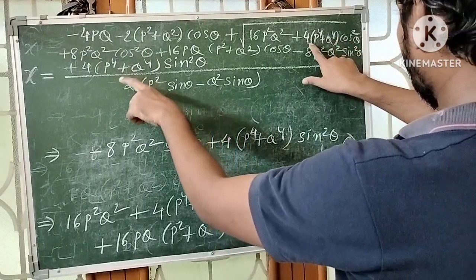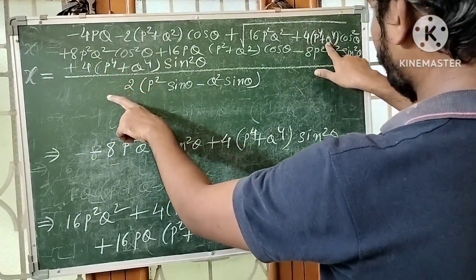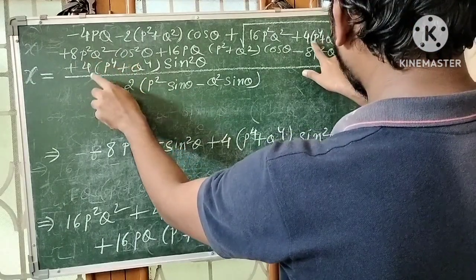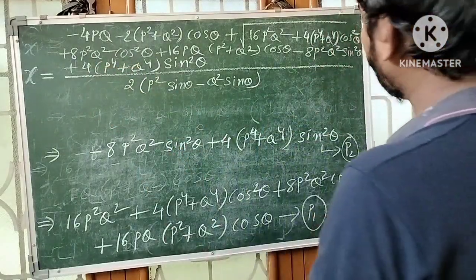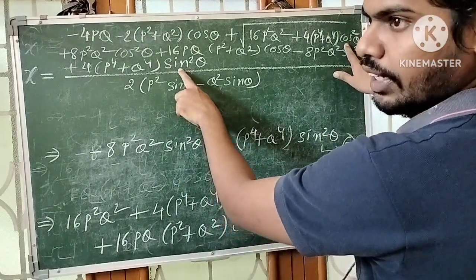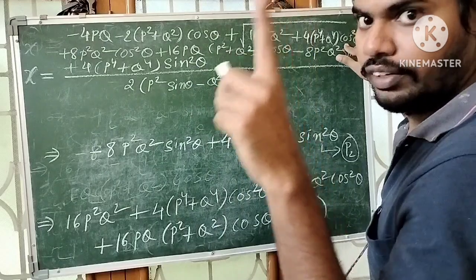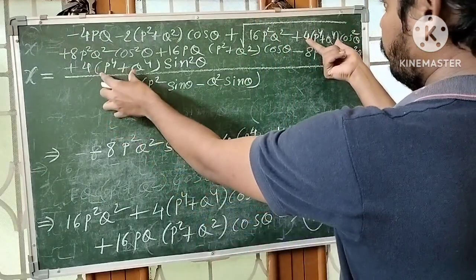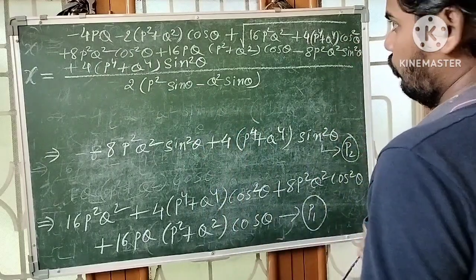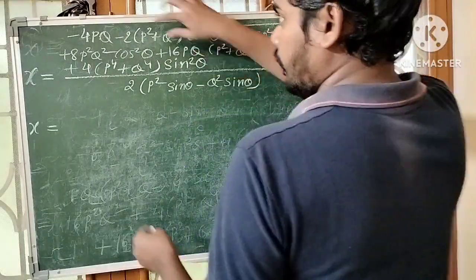Here also 4 into (p power 4 plus q power 4) sin square theta. So we can take 4 into (p power 4 plus q power 4) common, and we get cos square theta plus sin square theta, whose value is 1.